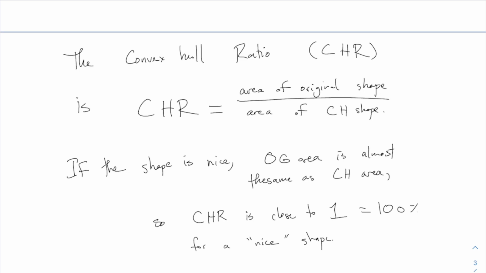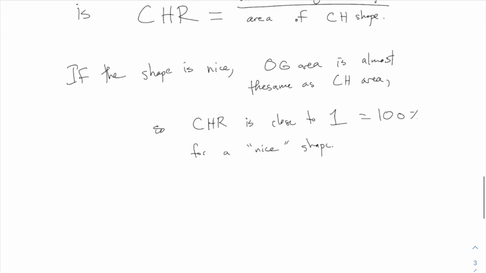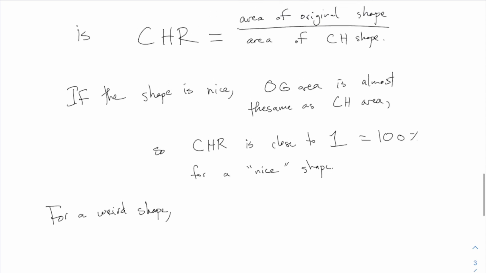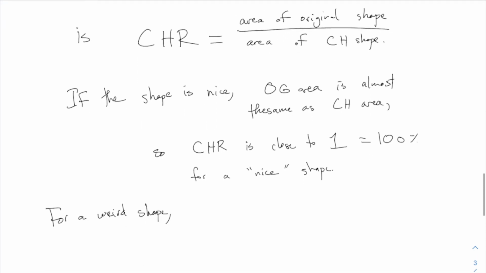Whereas if the shape is a squirmy, wormy shape, so for a weird shape, remember that crazy shape that I drew before? The area of the convex hull will be much bigger than the original area. So for a weird shape, the denominator, well, I'll say the CH area is much bigger.